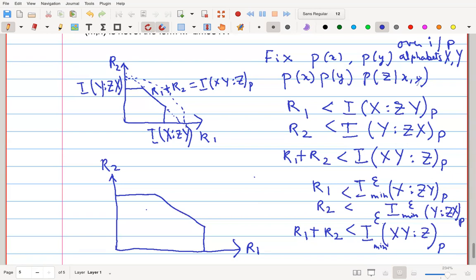So we want to prove. So yeah, I'm not going to write the same thing out here. You can label the figure accordingly.